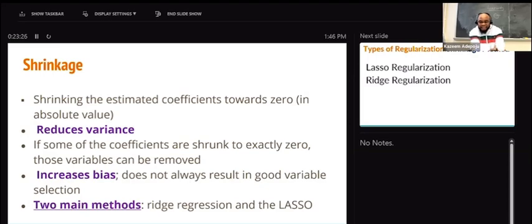When you increase bias, that does not always result in a good variable selection. So what we're going to do is apply a regularization approach that can balance the variance and the bias. What are the two methods that we use in regularization? What are the two shrinkage methods? The lasso regression and the ridge regression.